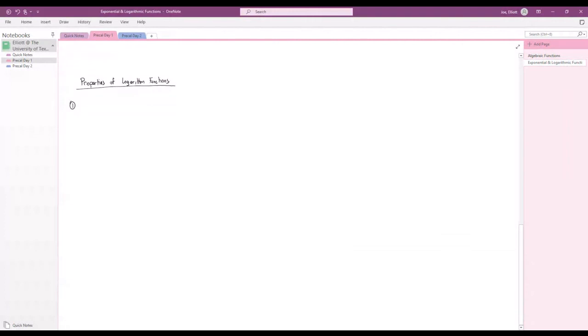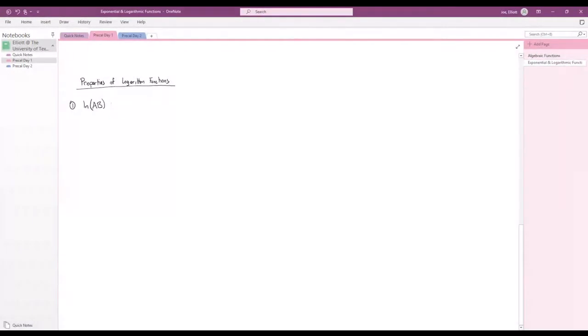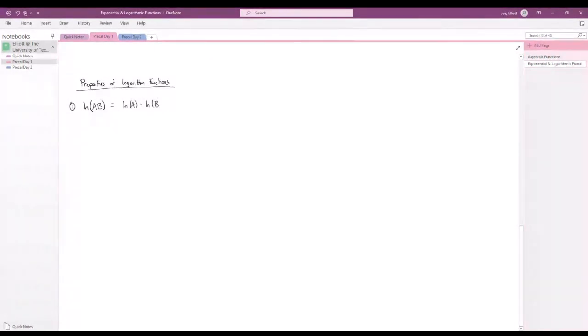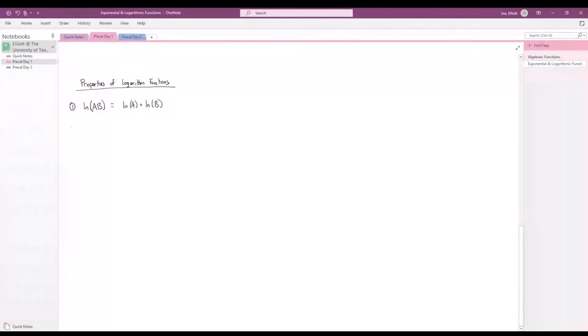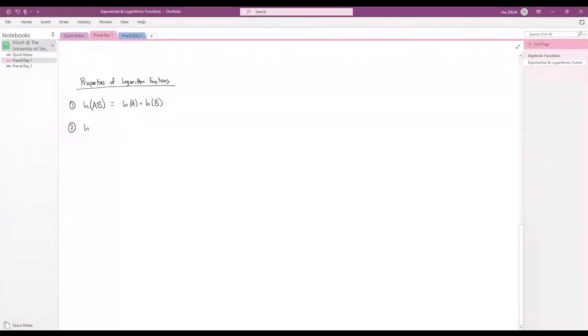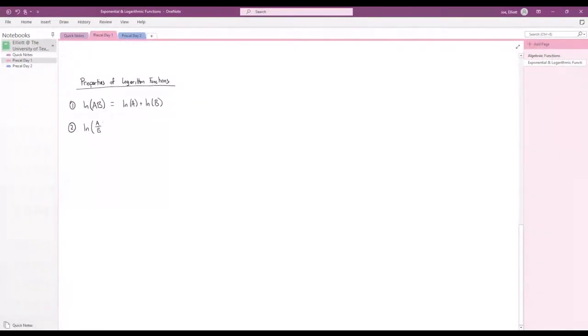One of the properties of the logarithm function is that it turns multiplication into addition, in the sense that the natural log of a product, the natural log of a times b, is equal to the natural log of a plus the natural log of b. There's a similar property that the natural log turns a quotient into a difference.